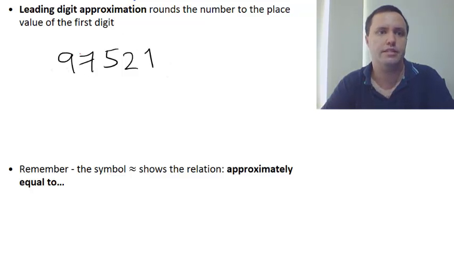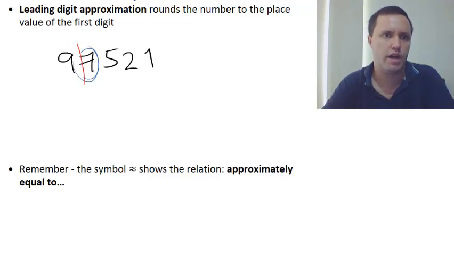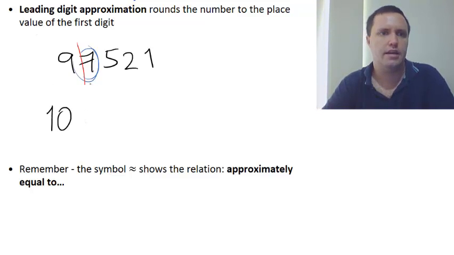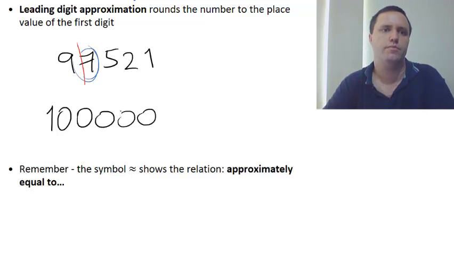When we're doing leading digit, that's where we're cutting the number off, and we look at our critical digit here, 7. That's from 5 to 9, so we're going to add 1 to the rounding value, this 9 here. 9 plus 1 is 10. Then truncate the rest of the number with zeros. So 97,521 is approximately 100,000. That's how we go about that.